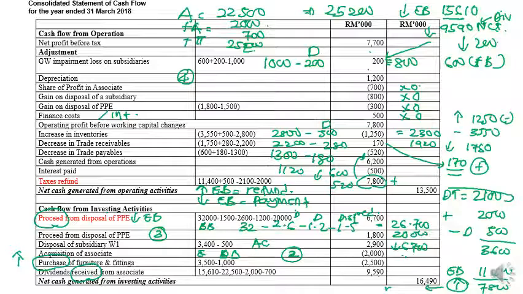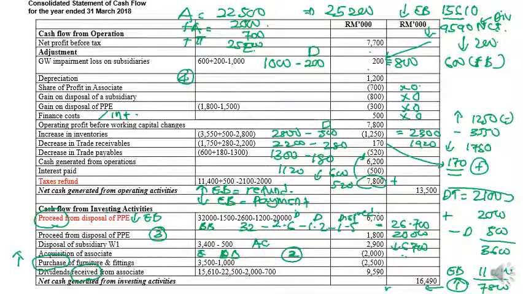And then acquisitions of associates here is from item number 2. Proceed from you bought a new associate, acquired a new associate, so this one we're going to minus.